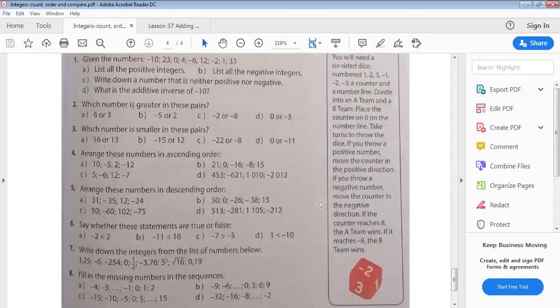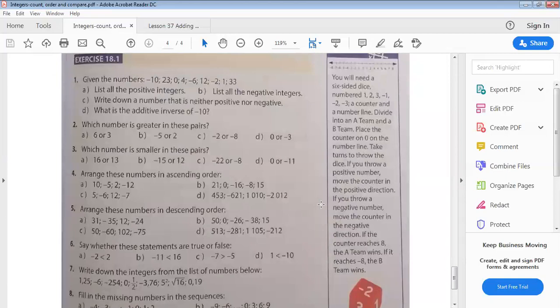Okay, if we look at the exercise, question 1, given the numbers negative 10, 23, 0, 4, negative 6, 12, negative 2, 1, and 33. Question A says list all the positive integers, so only those that are positive.